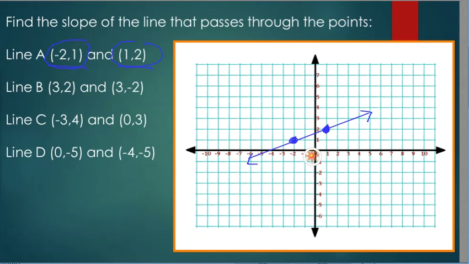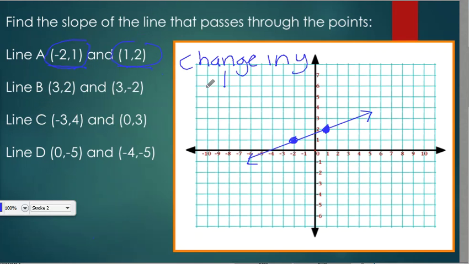Remember, our y-axis is our vertical axis. So to get from here to here, we can see that we had to move up 1 space. So our change in y is going to be 1. So that gives us the top number of our fraction. Now let's go ahead and figure out our change in x.